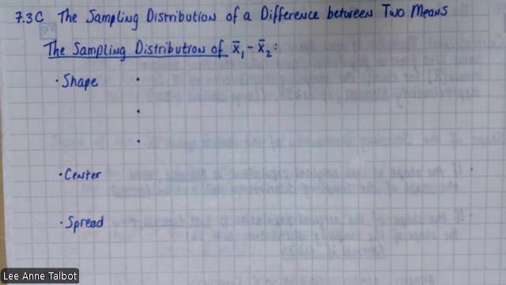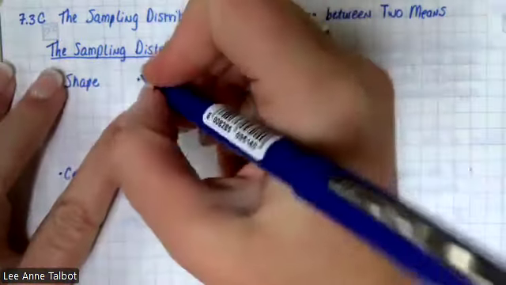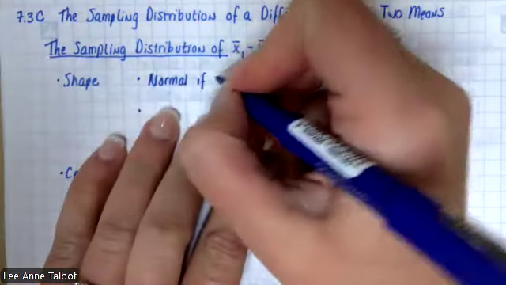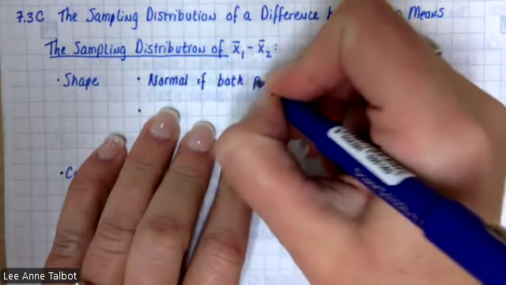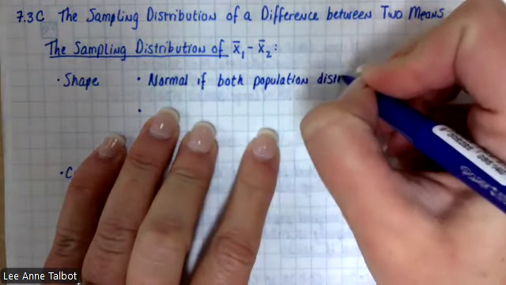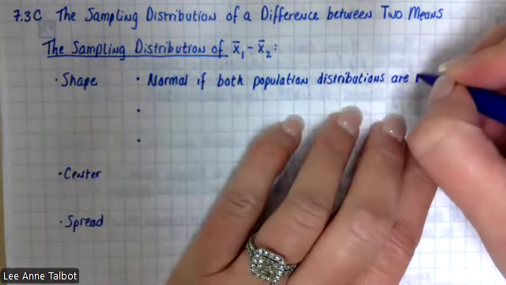Okay, now shape. Notice there's 3 bullet points, and that's because there's 3 different possibilities when you're working with 2 populations. The first bullet point is the most obvious. The shape is normal if both population distributions are normal.